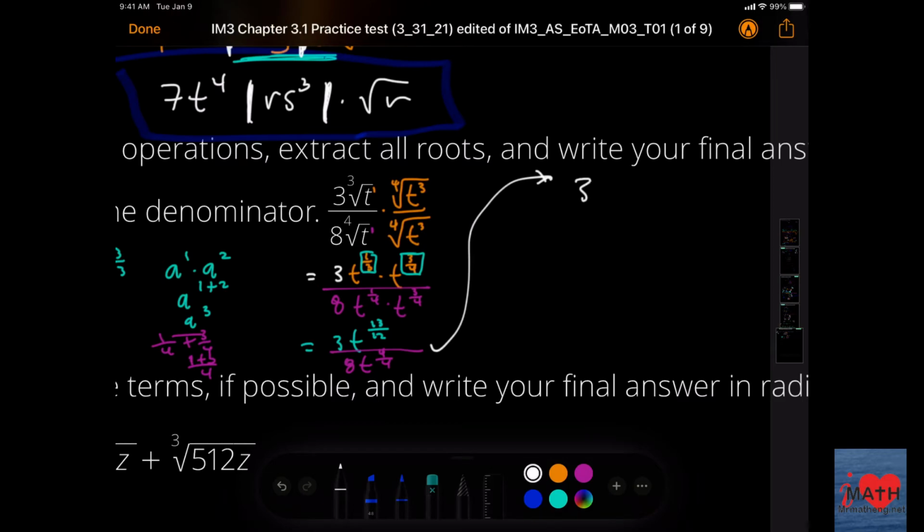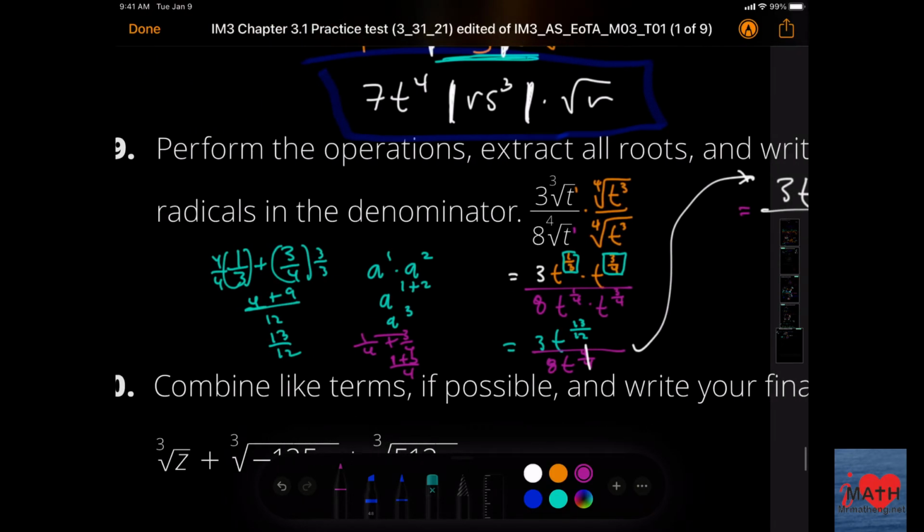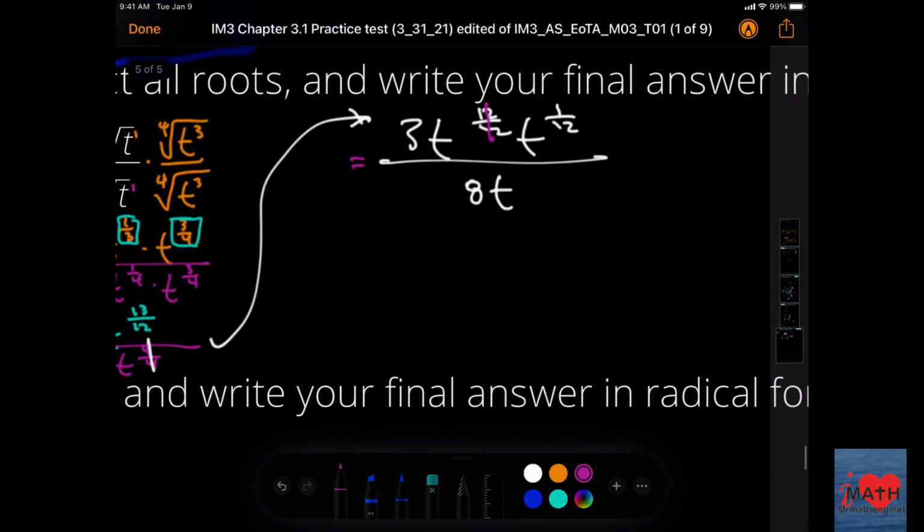So 3 times t to the 12/12, which is t, times t to the 1/12, all over 8t to the 1, and we can just call that t, right? And same thing over here, this is just 1. So 3t and t to the 1/12 over 8t.